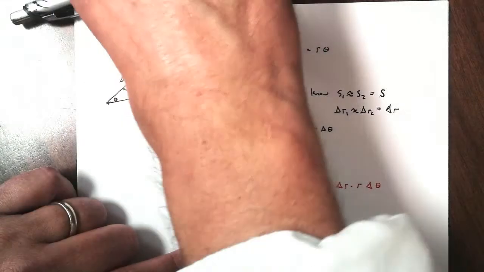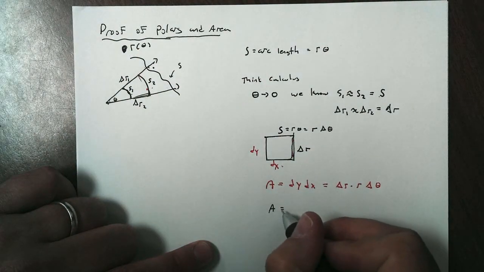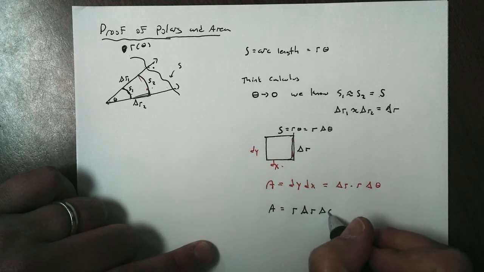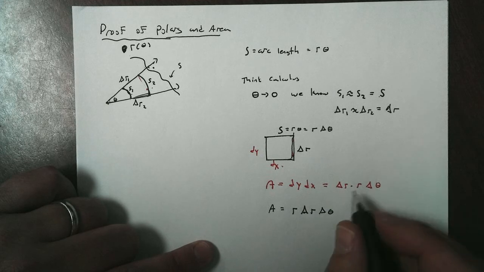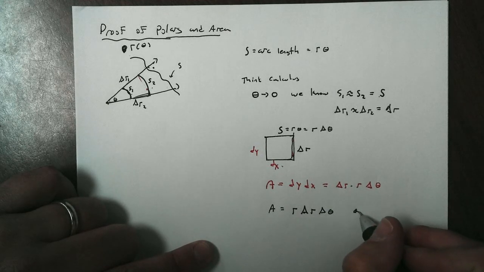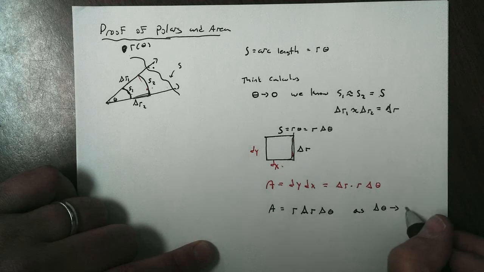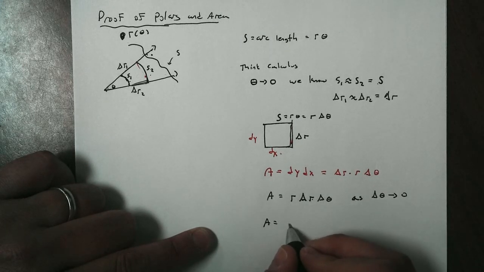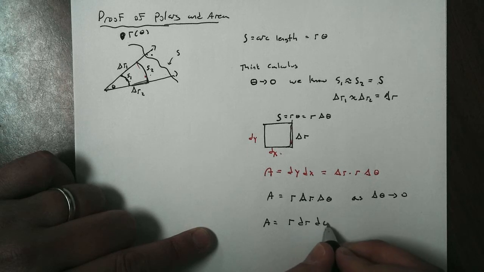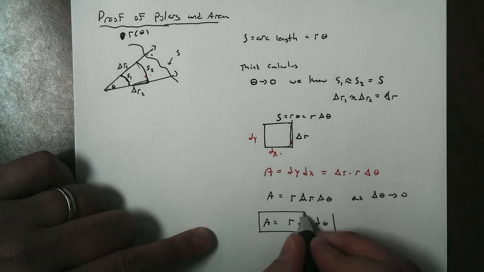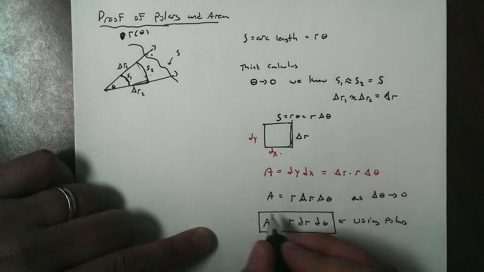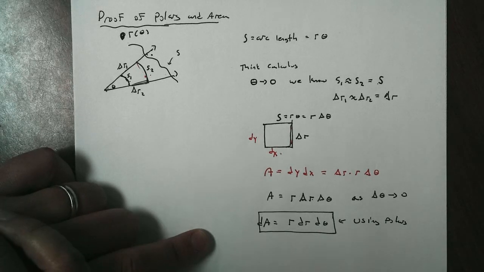So we can now say that the area of this little tiny rectangle is r delta r delta theta. And as delta theta goes to 0, we get r dr d theta. This is our formula for area using polars right here, and we call it dA for the change in area.